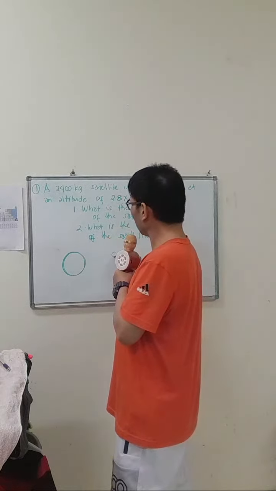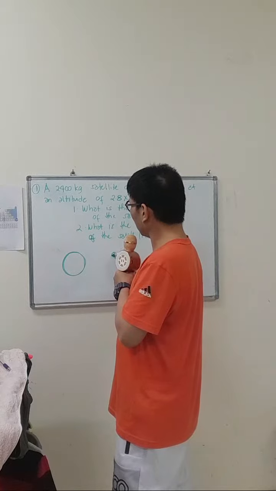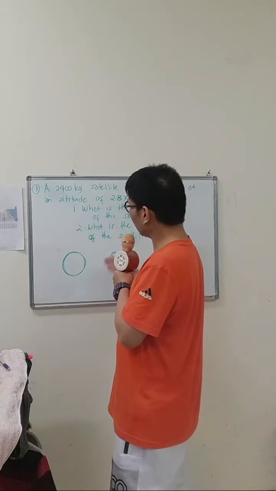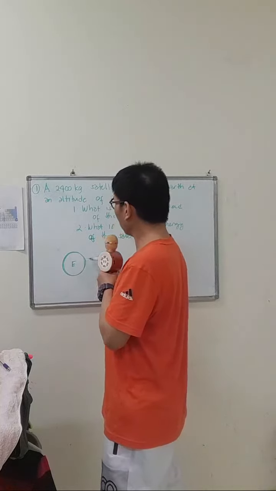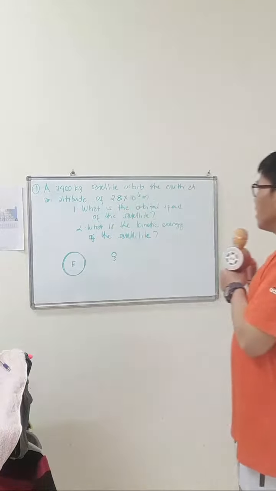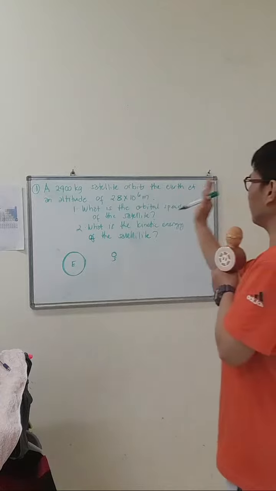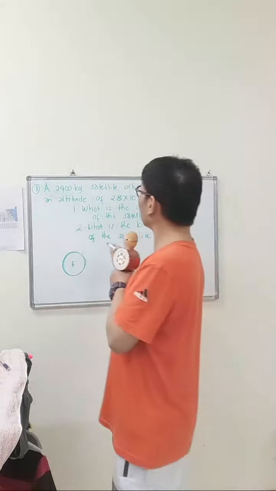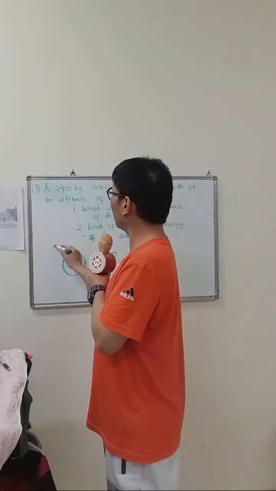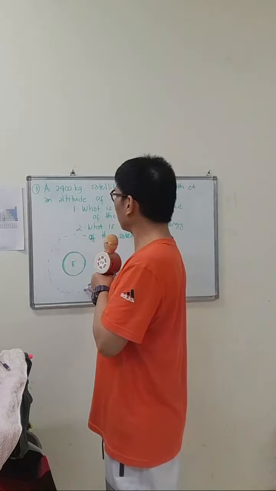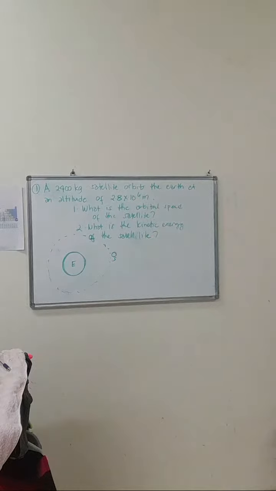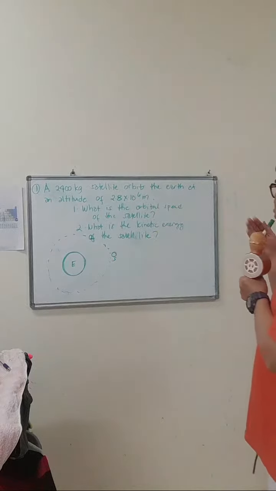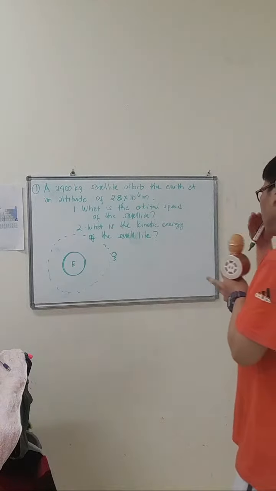This is your satellite here, and this is the Earth, capital E and capital S. This satellite orbits the Earth. So this is the orbit, and the satellite will go here at the orbit, right? Okay, altitude. The altitude of the satellite to the Earth is going to be here.